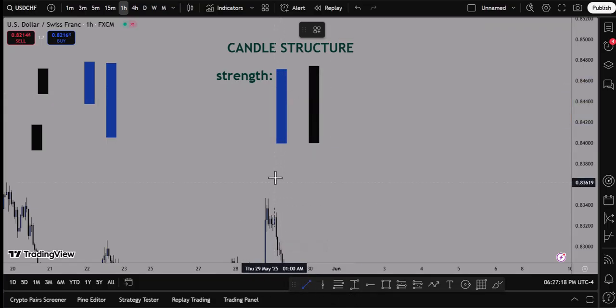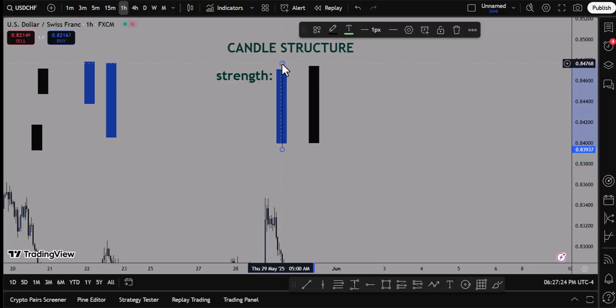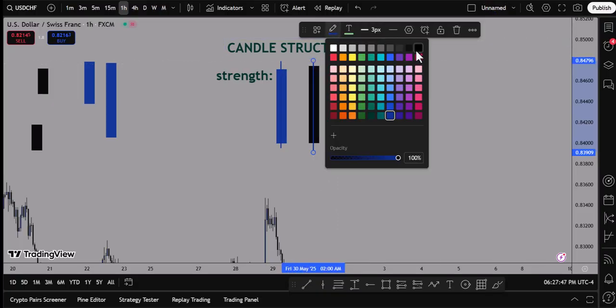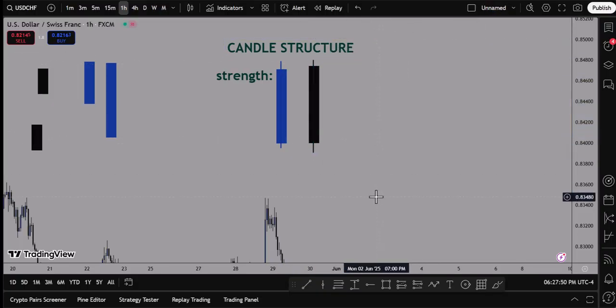Let me include a wick. One thing about strength bars is that they usually have very little wick. Their wicks are usually small, not big. So this is a bullish strength bar with a small wick on both sides, while for our bearish strength bar, going to the downside, it also has a small wick on both sides, and they play a significant role during break of structure.